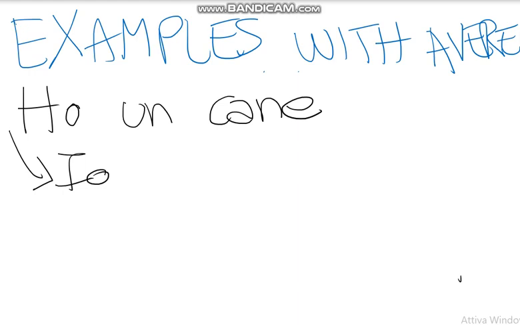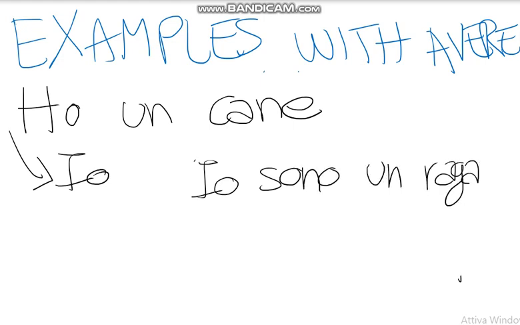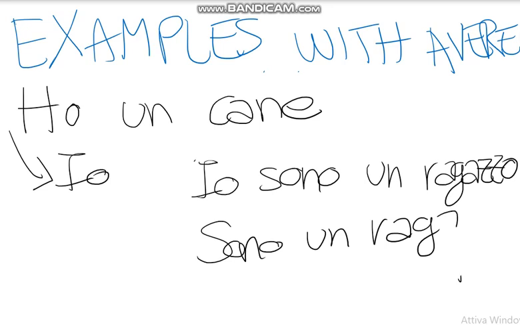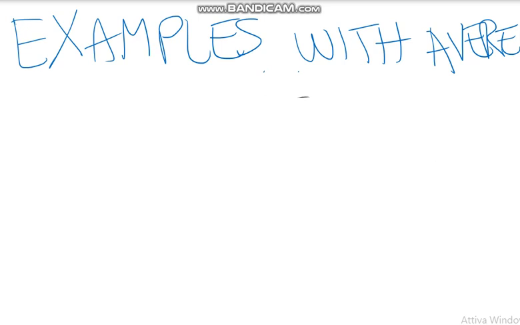For example, io sono un ragazzo, the previous example, we can say sono un ragazzo. The subject can be left off, because it's clear from the conjugation of the verb, which shows the person.